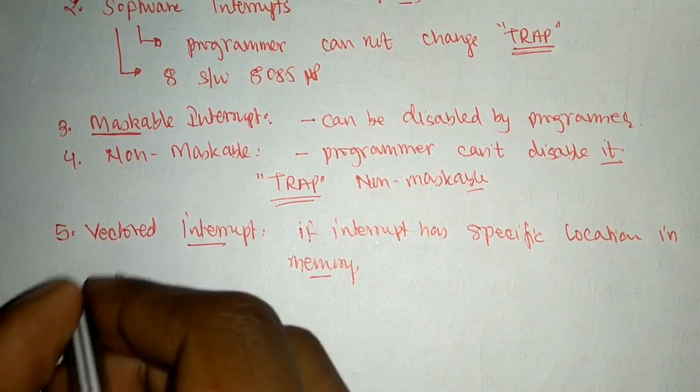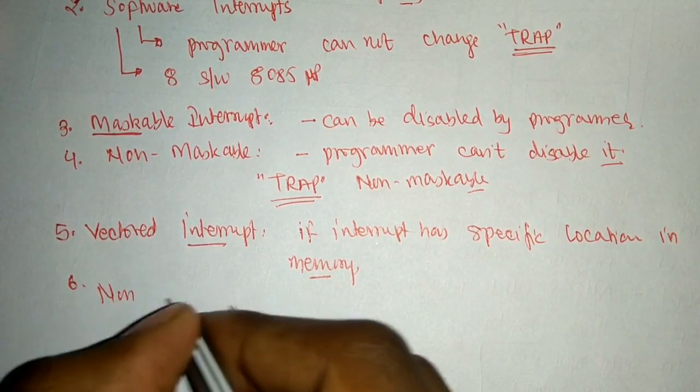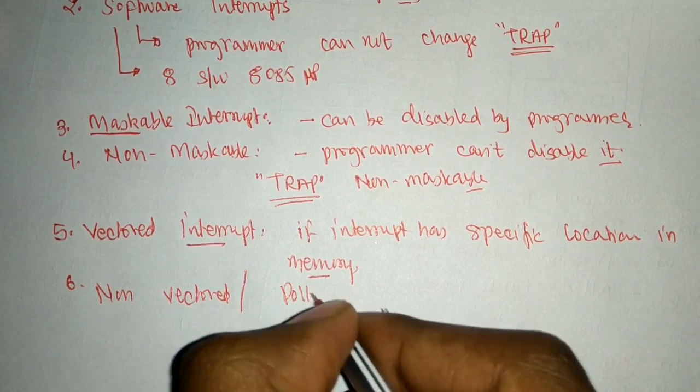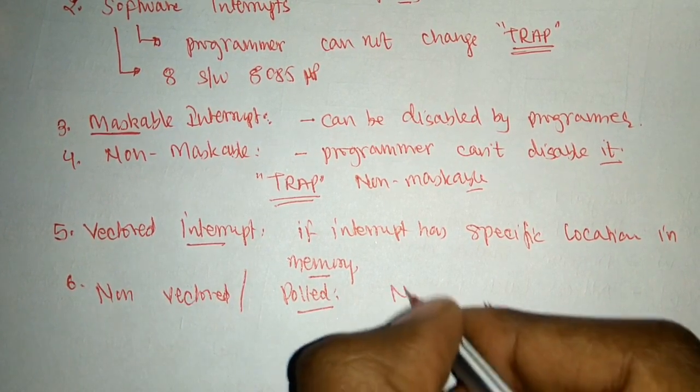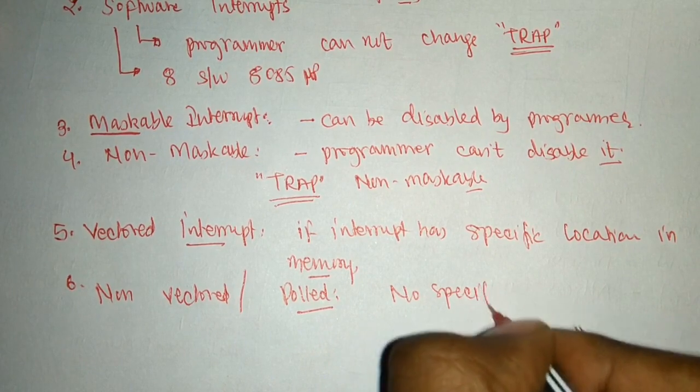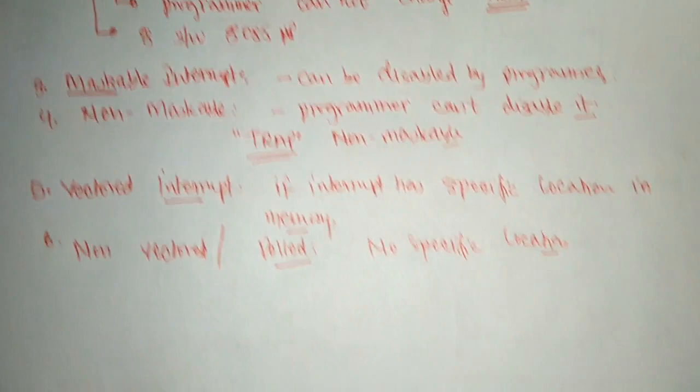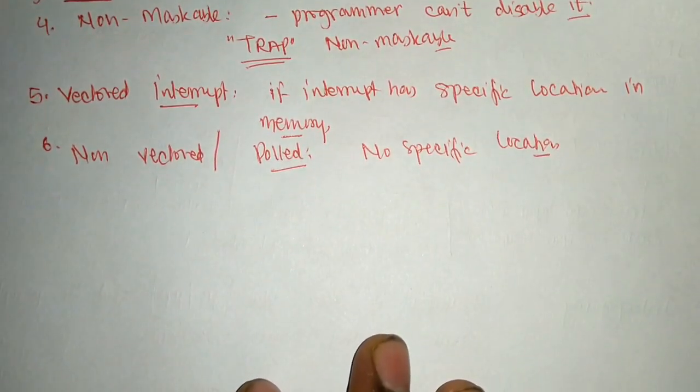Otherwise, it is called a non-vectored interrupt, or a polled interrupt, meaning there is no specific location for that interrupt. That is how the concept of interrupts works with respect to a microprocessor or microcontroller.